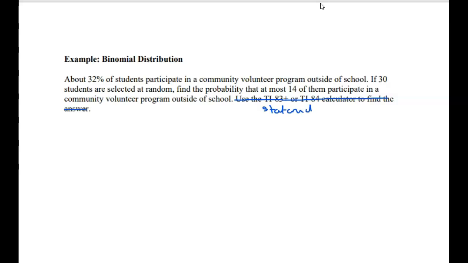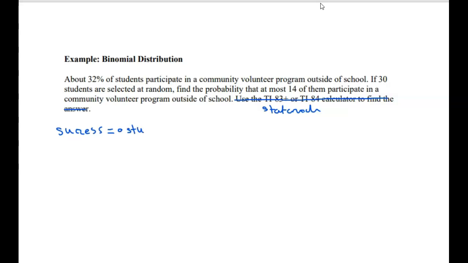Okay, so this can be done by hand, and I'll talk about how it can be done by hand, but it's a lot nicer done with StatCrunch. Okay, so we need to identify some things about this binomial distribution. First of all, we see that it's binomial, so success means that a student participates in a community volunteer program outside school.